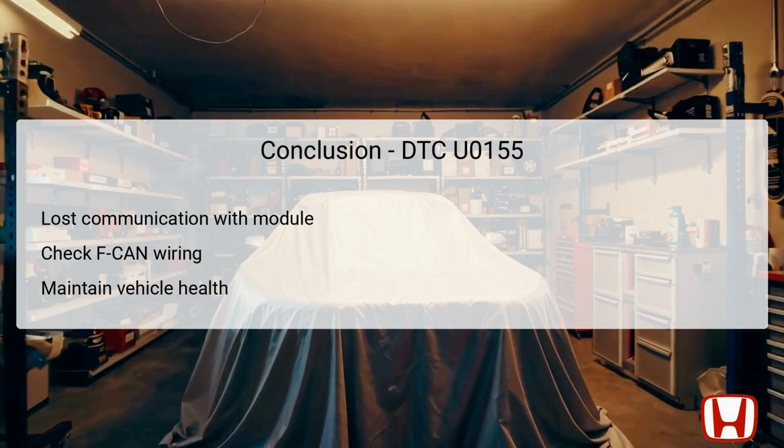Thorough troubleshooting is necessary, as it can help uncover underlying issues that affect other systems within the vehicle. Implementing preventive maintenance strategies can further keep the gauge control module and related components in optimal condition, minimizing the risk of DTC U0155 occurring. By staying proactive in vehicle upkeep, owners can ensure a more reliable, safer driving experience.